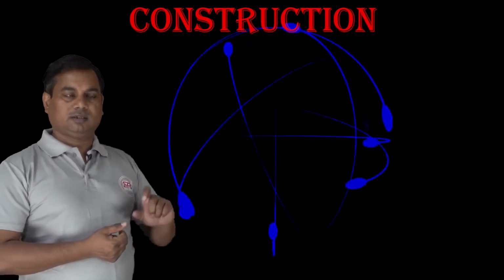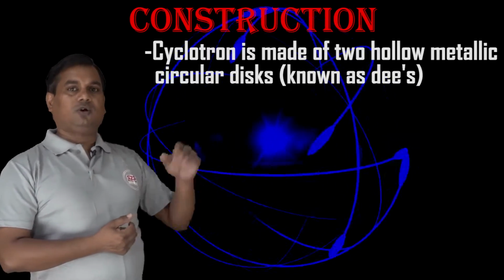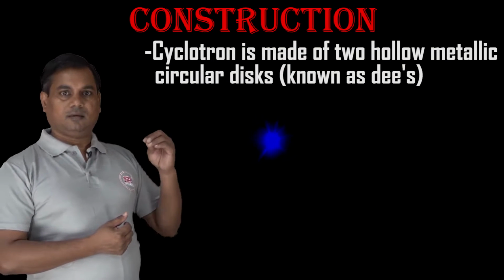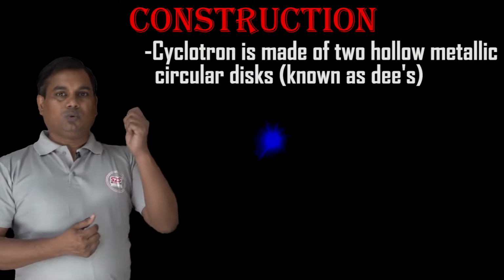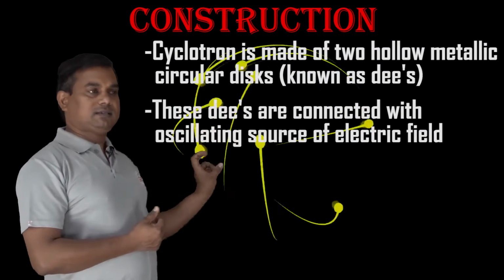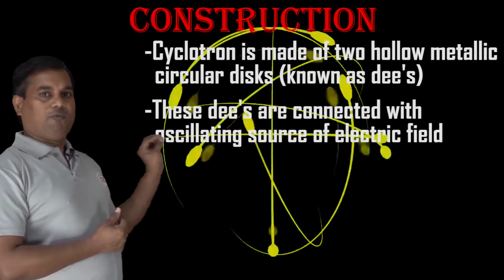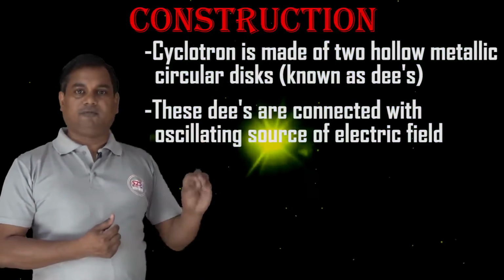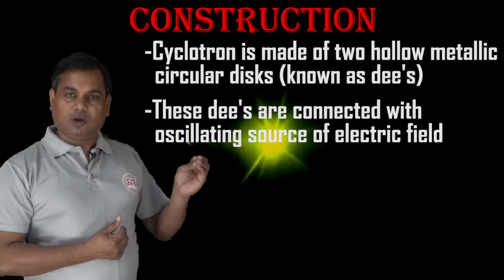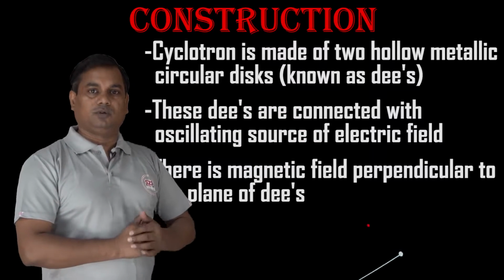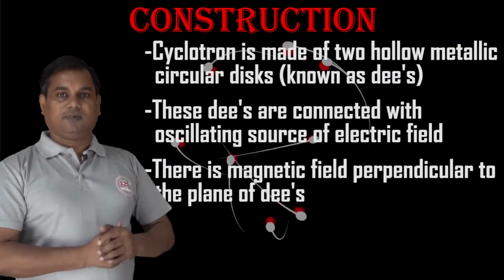We conclude that the cyclotron is made of two hollow metallic circular discs. These two discs are known as Ds. These Ds are connected with an oscillating source of electric field, called the oscillator, and there is one magnetic field perpendicular to the plane of the discs.